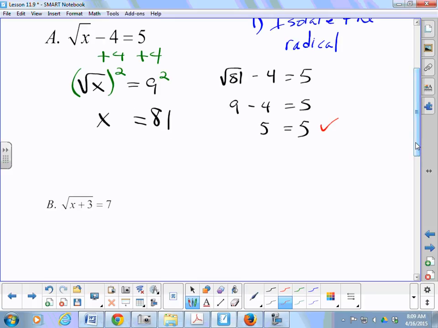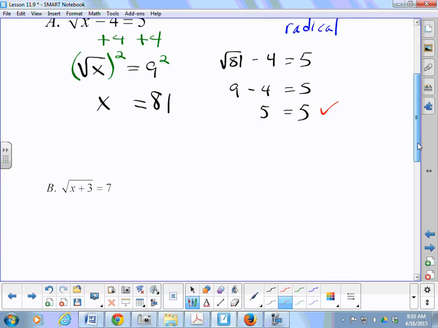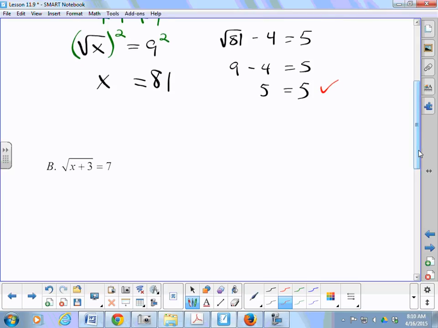Square root of 3 equals 7. Is there anything outside the radical on that side?